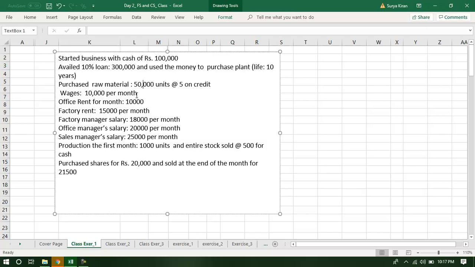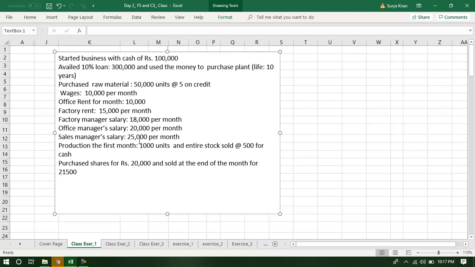Wages paid for the month 10,000. Office rent 10,000, factory rent 15,000. You can see several expenses are incurred. 18,000 is the factory manager's salary, office manager's salary 20,000, sales manager's salary 25,000 per month.